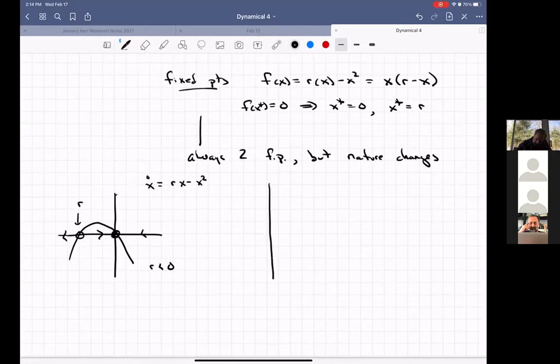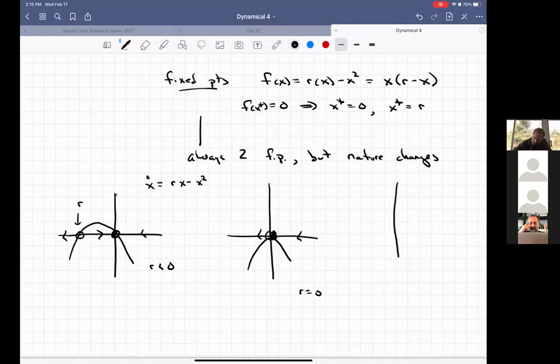If r is 0, this curve just becomes minus x squared. And in that case, the flow is always to the left, and the origin is the only fixed point, but it's metastable. It's stable from the right and unstable from the left.